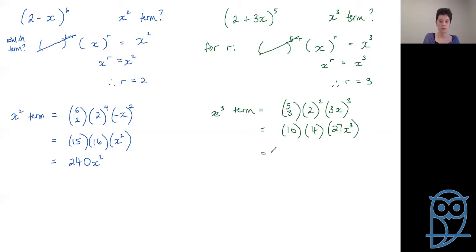So 10 times 4 is 40 times 27 is 1080x cubed. So if they ask us for the coefficient, we can then conclude that the coefficient is just 1080. The whole term is 1080x cubed. But again, you can see that we're going straight to the term that we want rather than expanding out the whole sequence. And you actually get marks for selecting only the specific term and not calculating extra terms.